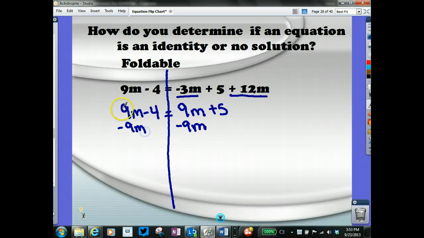Minus 9m gives me 0. So really that just leaves me negative 4 equals 5. This is not a solution. This is not true. And it never will be true. The negative 4 will never equal 5. So in this case, that would be a no solution.